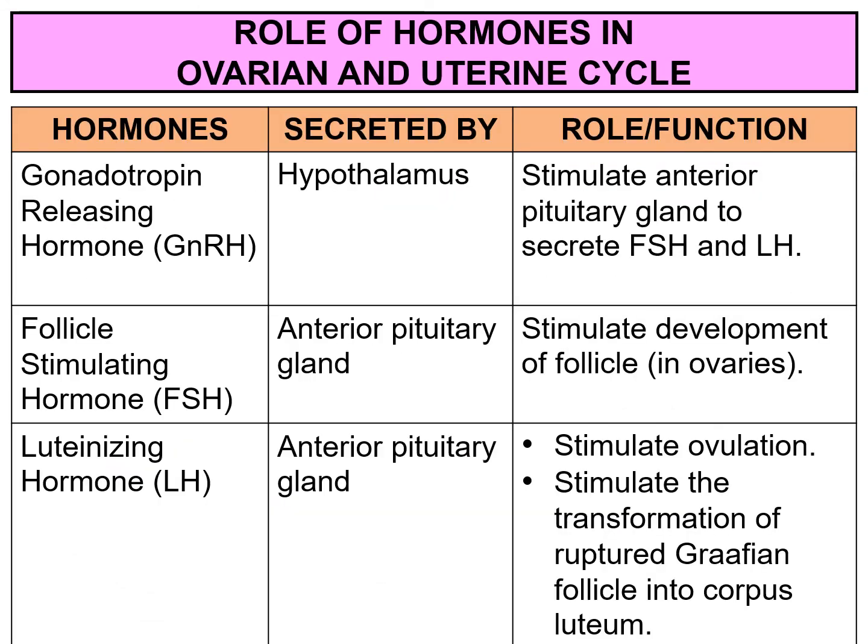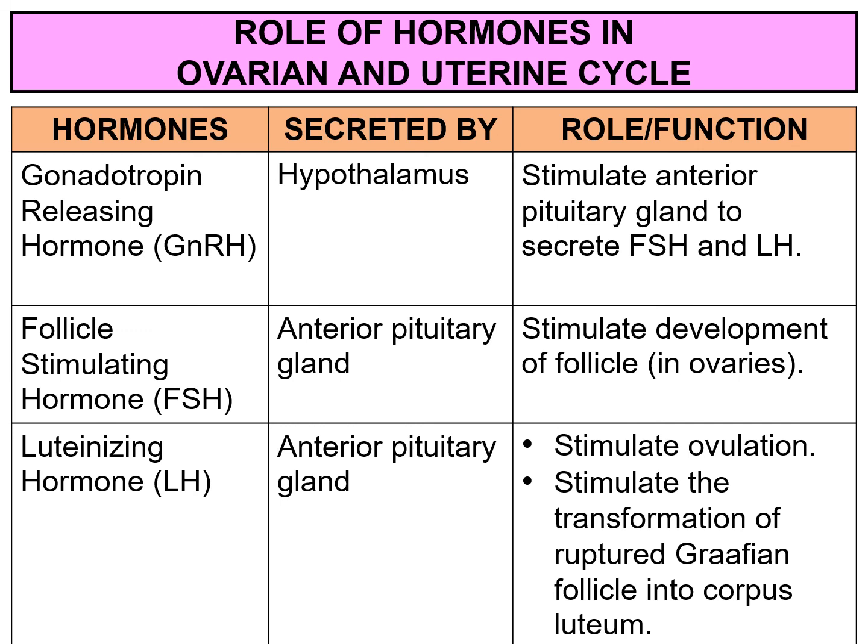Let's look at this table that shows the role of hormones in the ovarian and uterine cycle. GnRH, which is secreted by the hypothalamus, functions to stimulate the anterior pituitary gland to secrete FSH and LH. The follicle stimulating hormone, FSH, will stimulate development of the follicle in the ovary.